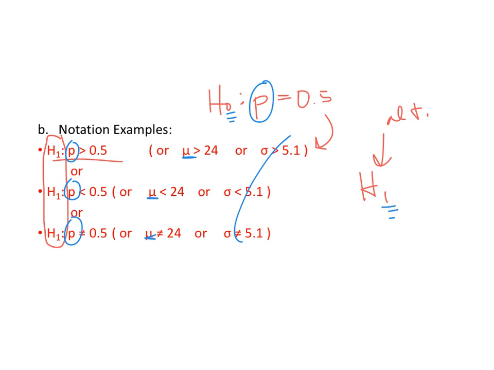You're going to use the same number. If my null hypothesis has 0.5, then my alternative also has 0.5. If my null hypothesis had 24, then my alternative would also have 24. Generally speaking, the null hypothesis has the equal sign, and the alternative uses the greater than, less than, or not equal to symbols. That's all I'm going to cover for today, and we will learn and practice this a little bit more tomorrow.